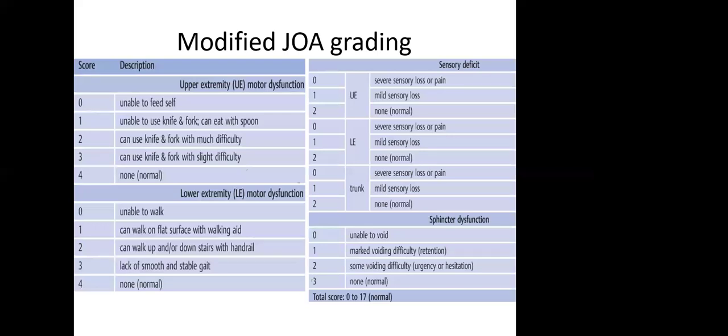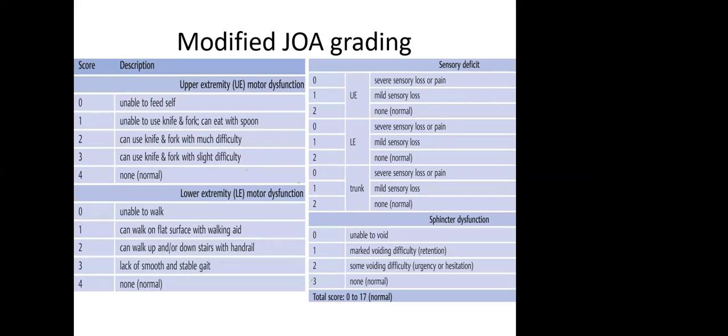So it assesses the motor, the sensory function, and also the sphincters. So for the upper limb, the motor function is assessed and is given a score as displayed. The same is done for the lower limb. And then the sensory system is assessed for the upper extremity, the lower extremity, and the trunk, and graded 0 to 2 for each of them, depending on whether there is severe, mild sensory deficit or none.